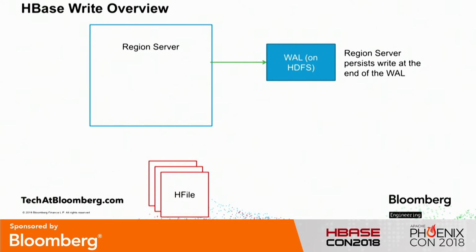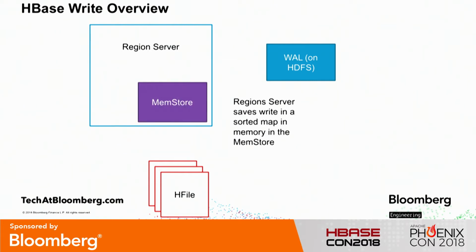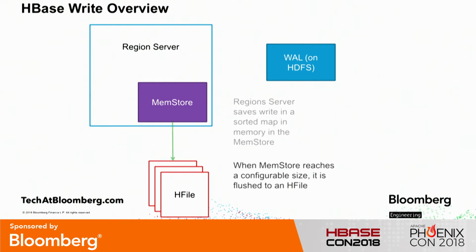It's going to append that data to the write-ahead log. It's going to return at that point to the client saying that the write is successful because now it's durable. And then it will eventually write the data into the mem store and continue appending to the mem store. And then when the mem store is full, it will be written out as an H file onto HDFS. There will be compactions run off process, outside of this whole process, to compact all these H files together.